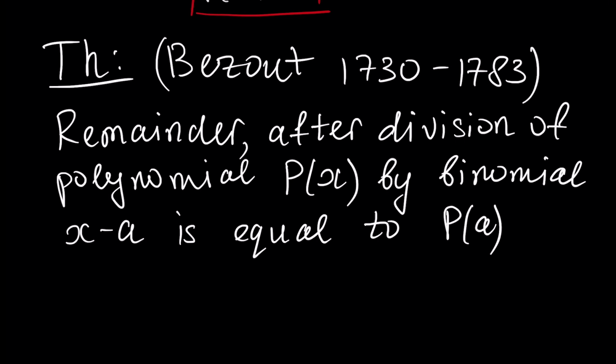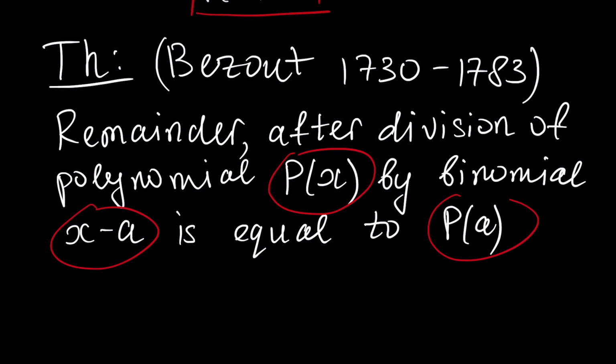Let's repeat it. The remainder after division of a polynomial by a binomial is equal to this constant, which can be calculated as a value of our polynomial at a.